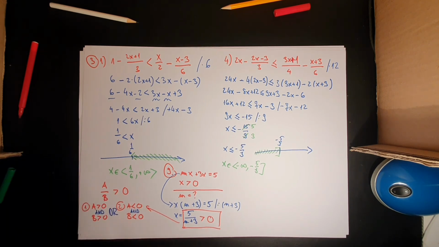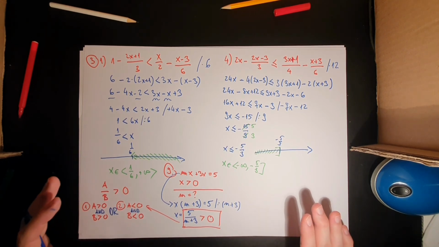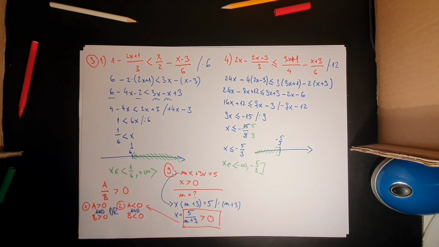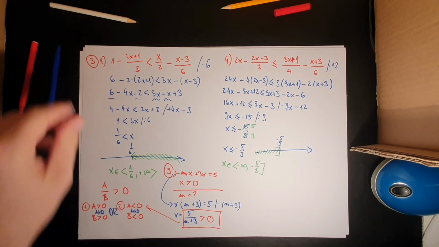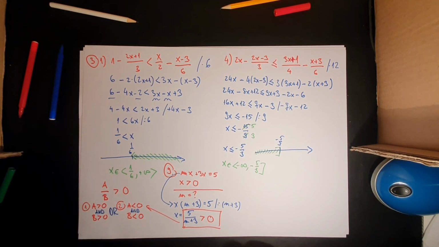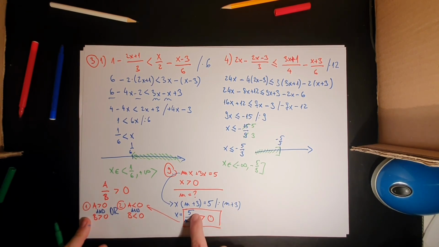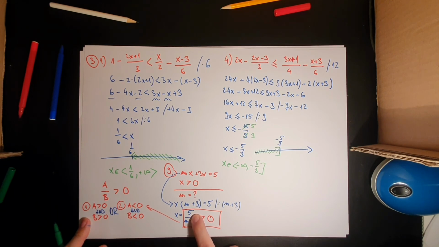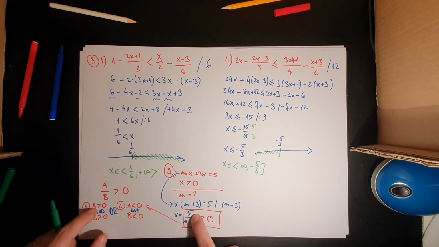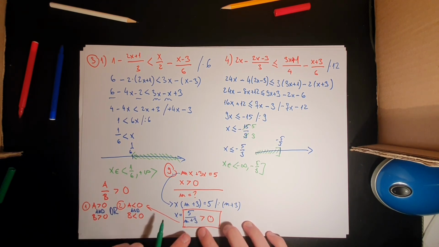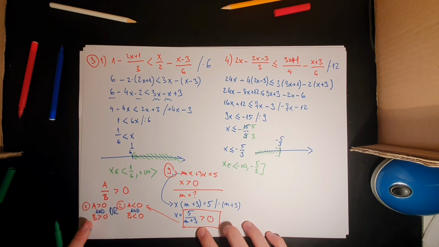So now our task specifically. This is a simpler task, and I told you this is the introduction to the things that we're going to learn next lesson. We have the first situation here, because 5 is a positive number, greater than 0, which means that m plus 3 has to also be greater than 0.